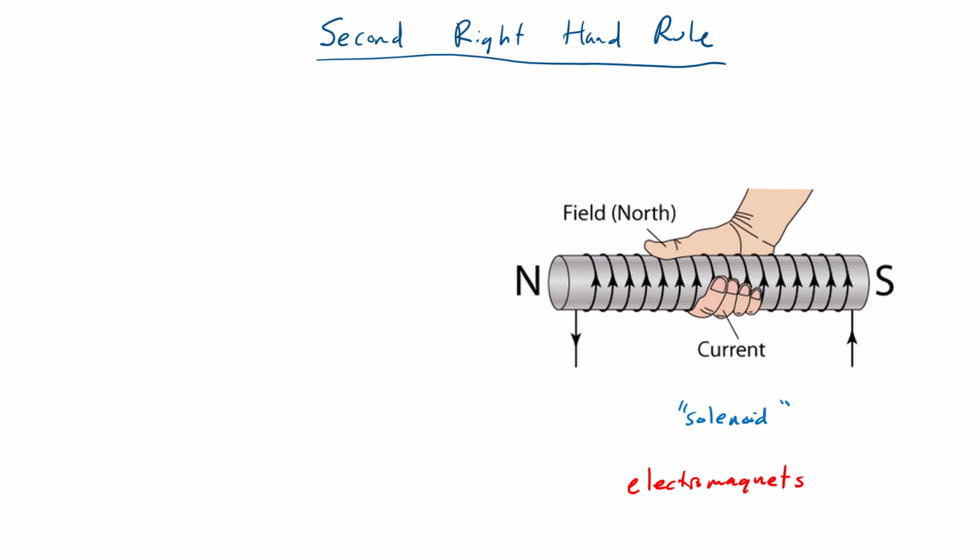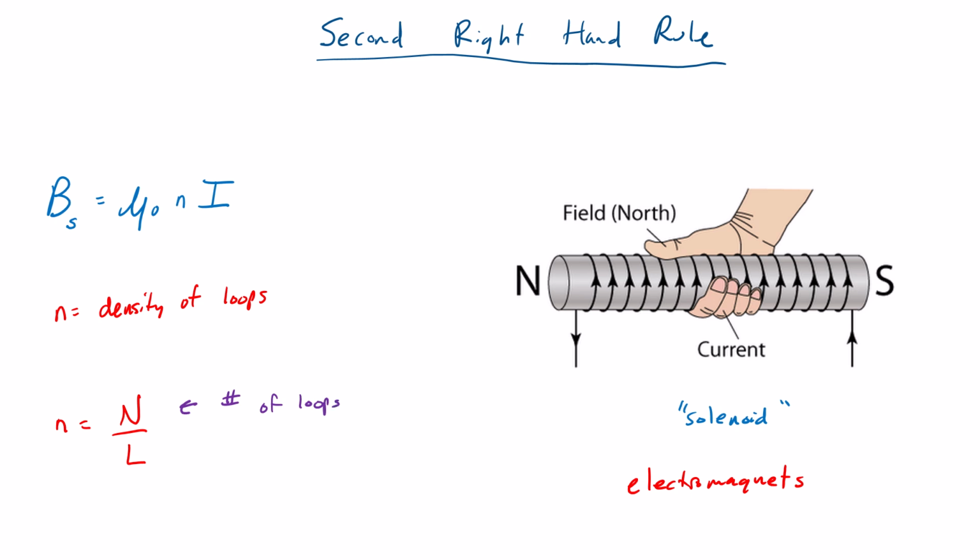Mathematically, we can calculate the strength of the magnetic field from the solenoid by again using our permeability of free space multiplied by n and then multiplied by the current. So what is n? n is like the density of our loops. n is also sometimes seen as capital N over L, and that is the number of loops and the length that those loops exist in.